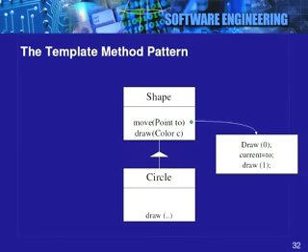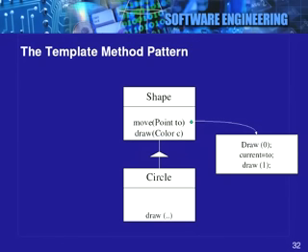Now we will look at one example of a behavioral pattern, which is template method. This is again a familiar example where you have a class called shape, and you want to implement the move operation on shapes. It can be implemented as draw the existing shape with color 0, that means blank it out, then change the location and then draw the shape again.